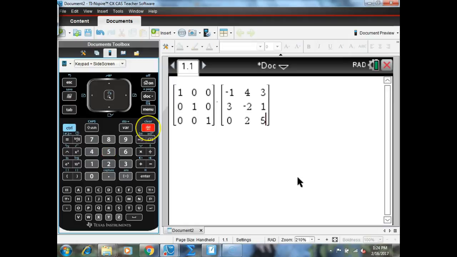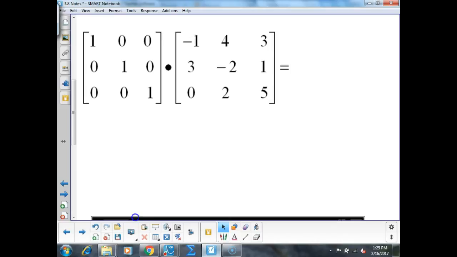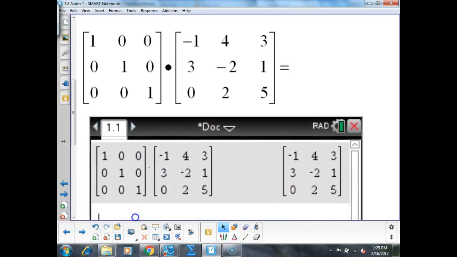Not 55, just 5. And then when you hit enter, up should pop the exact same matrix. And there it is.